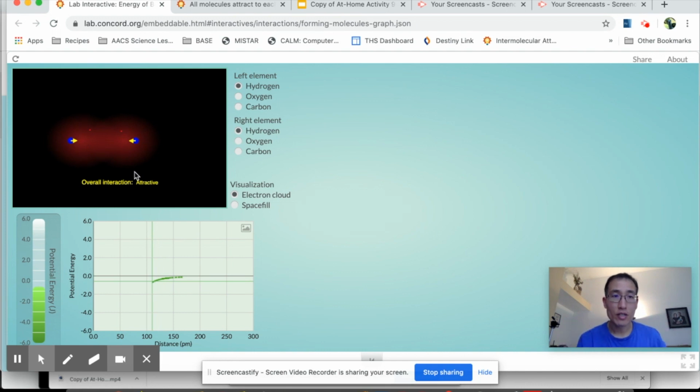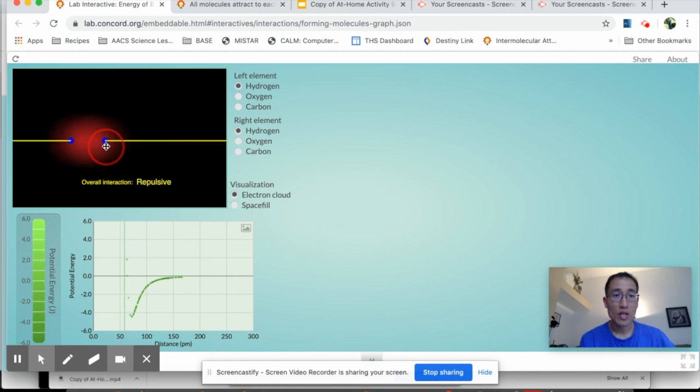So these attractive forces are being pulled together, and the potential energy starts to go down. It becomes good to have attractive forces because we don't want things far apart. But then if I push them too close together, they start repelling.